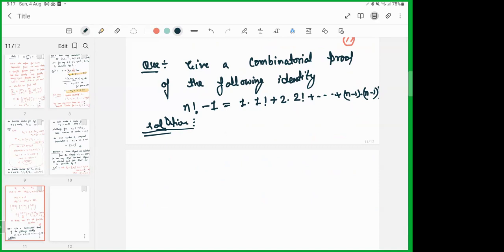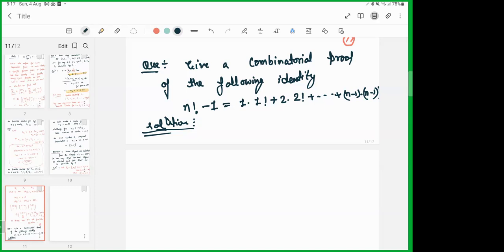Any idea what this n factorial is capturing? What is this number n factorial? N factorial is the number of ways to order n objects. But I don't get exactly what is meant by n factorial minus 1. So you are picking out one of the orders, removing one permutation from them.